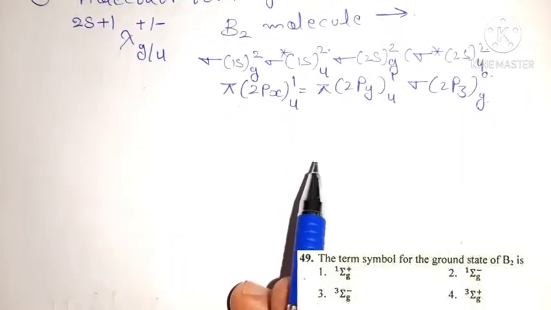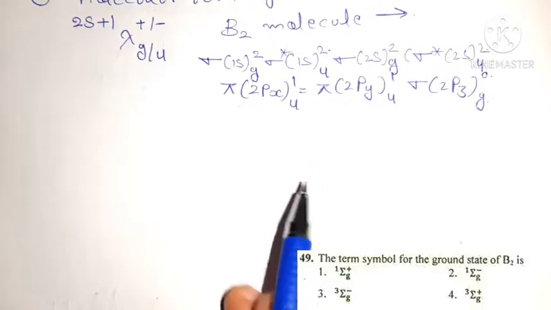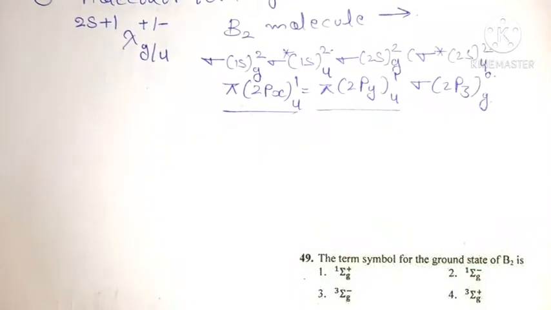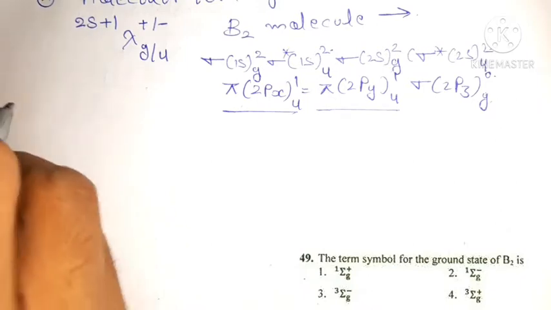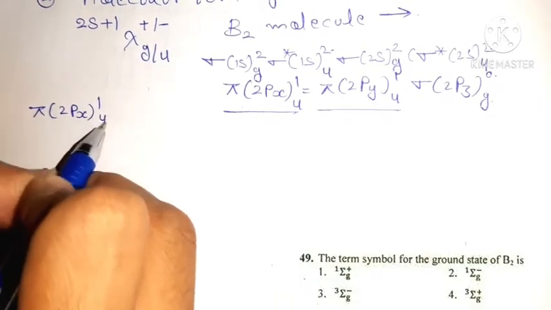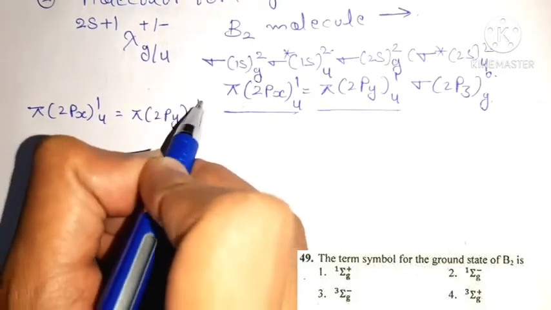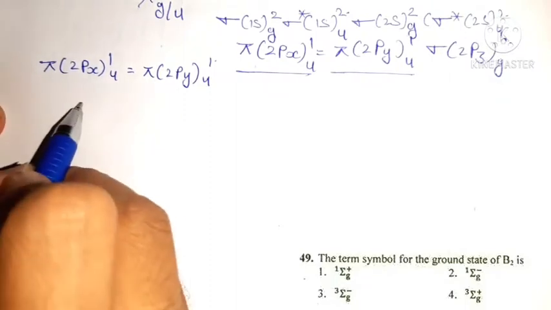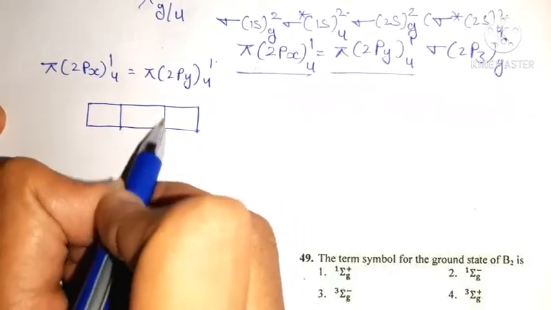Now when we talk about the molecular term symbol of any molecule, we must take only the valence electronic configuration. In the case of the boron molecule, its valence electronic configuration is π2px¹ (ungerade) = π2py¹ (ungerade).